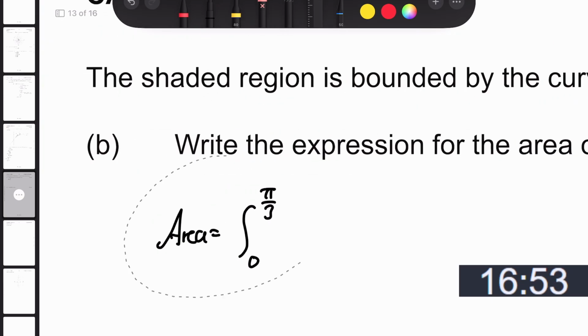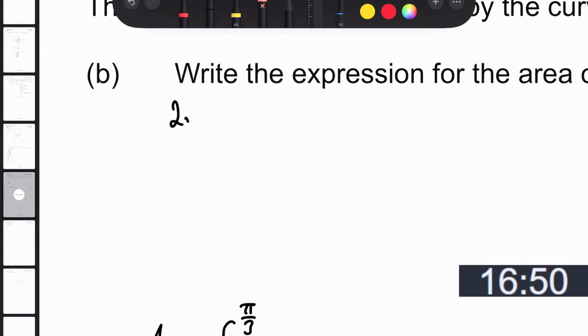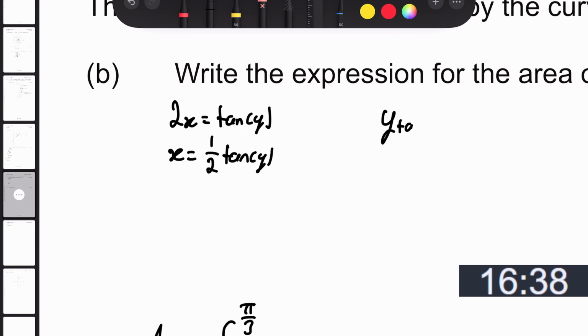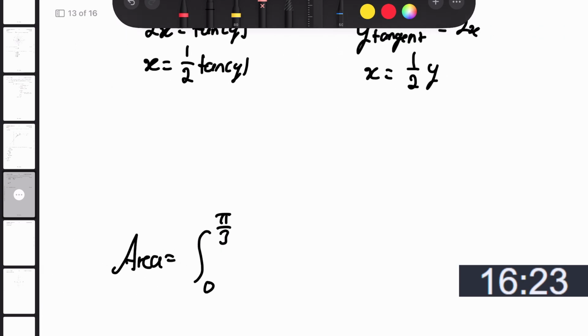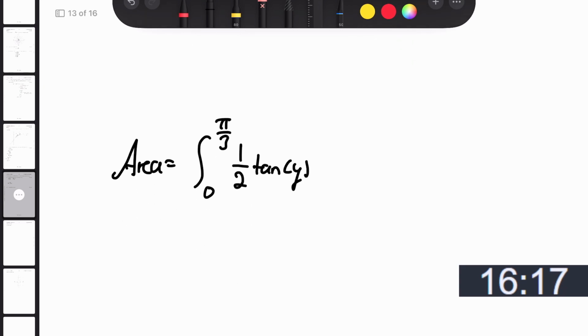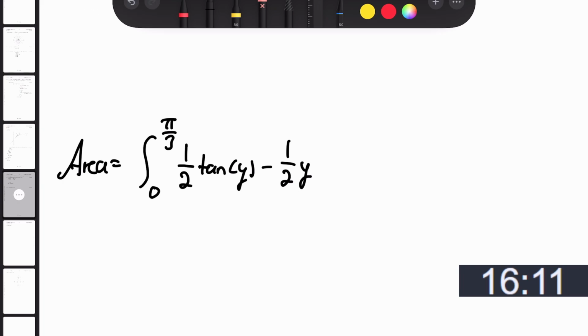So we'll say that x is equal to, so 2x equals tangent of y, then x is equal to half of tangent of y, and then for y tangent is equal to 2x, we can say that x is equal to a half of y tangent. So then let's do half of tan of y minus a half of y, and this will just be dy.